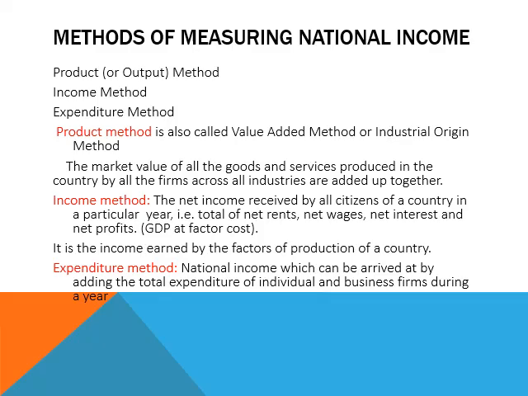Last method is expenditure method. National income which can be arrived at by adding the total expenditure of individual and business firms during a year.